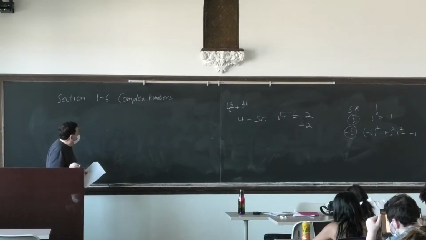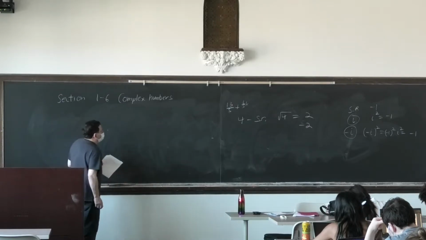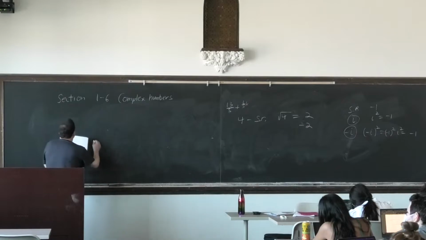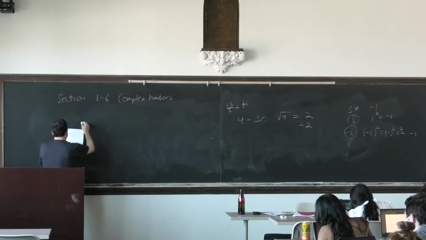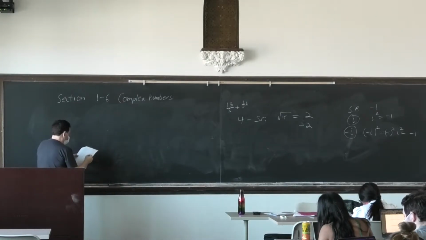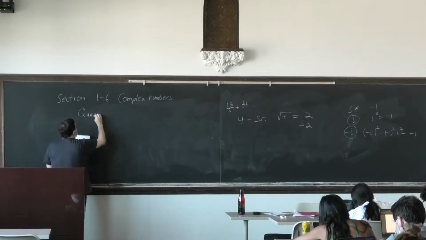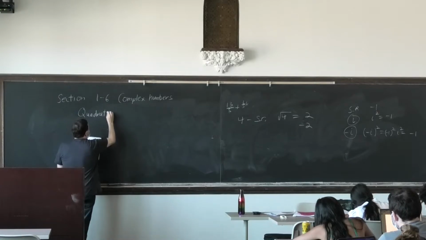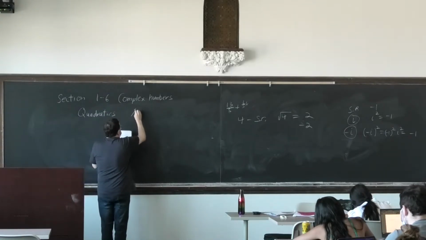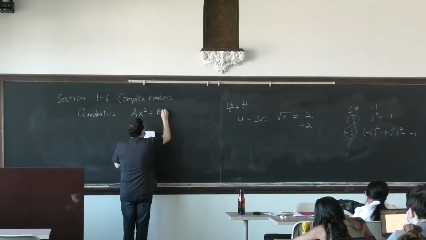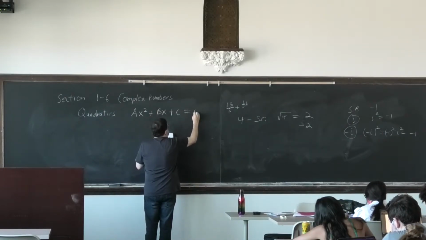So, aside from everything else I've said, there's another important value to complex numbers. We take a look at quadratics. Quadratic equation of ax squared plus bx plus c equals 0.